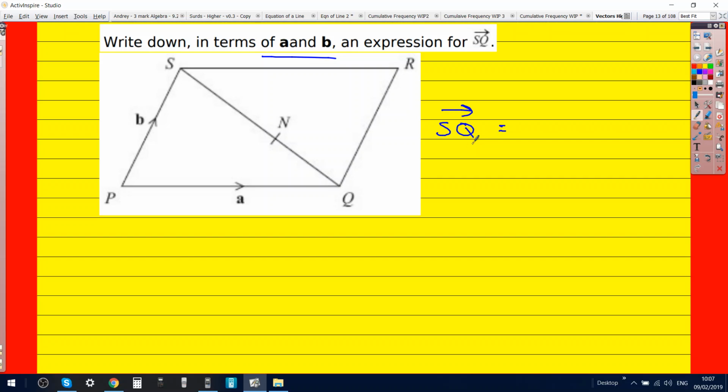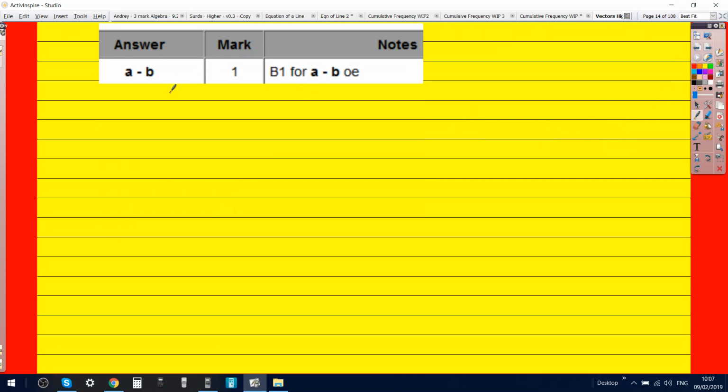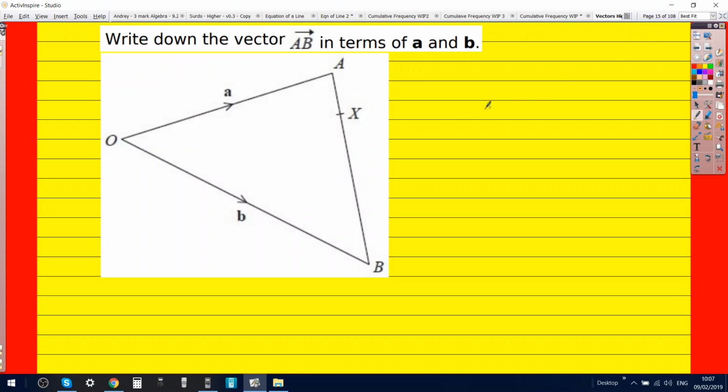I'm lost again. So you have to start at S, you have to reach Q, and you can only go along A and B lines. Okay, so would it be minus B plus A? That's all there is to it. Minus B plus A. They wrote it as A minus B, same thing.